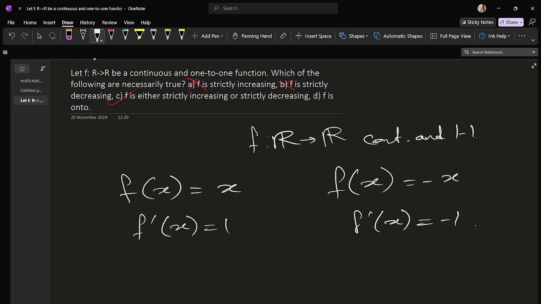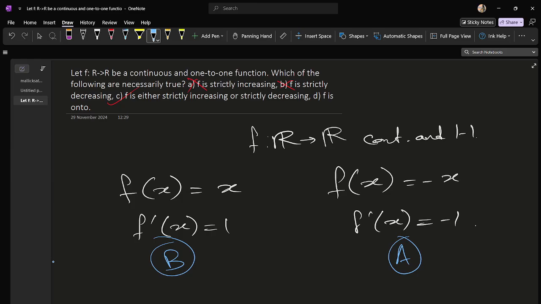So for that case, this one is increasing, and this one is decreasing. Then we can say that this is a counterexample for option A and this is a counterexample for option B. So A and B are wrong. But this says that our option C is true.